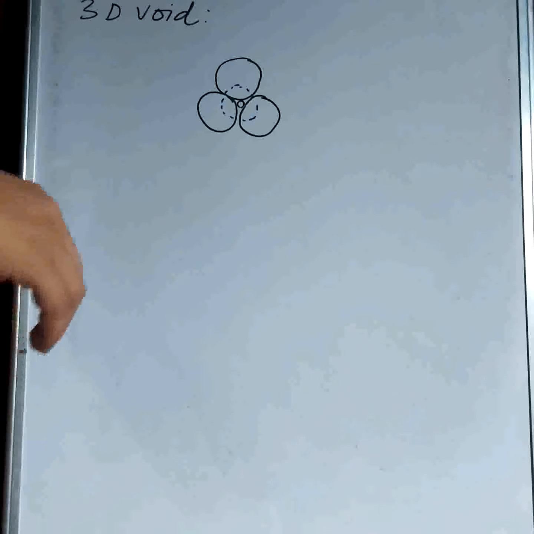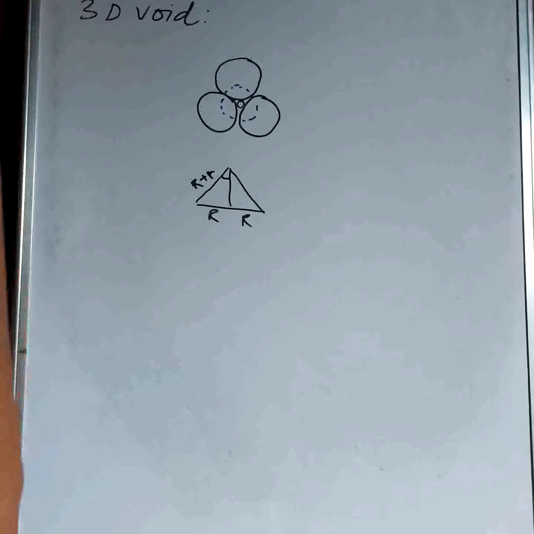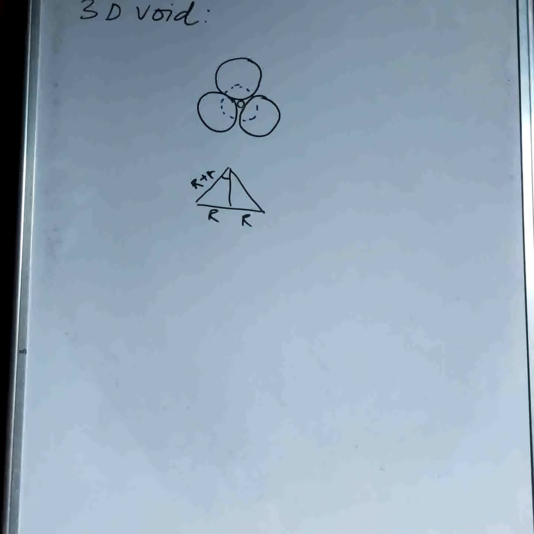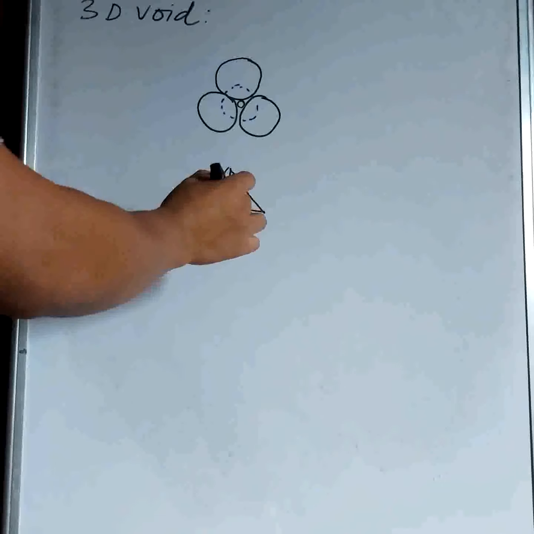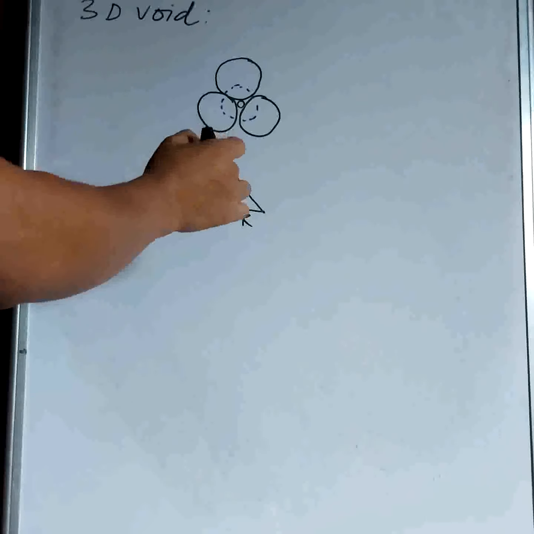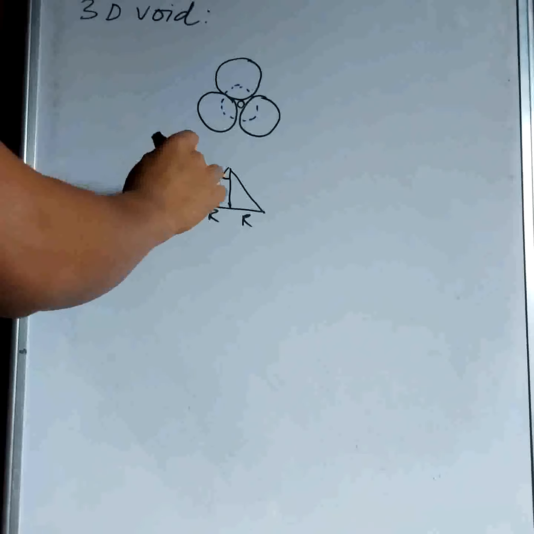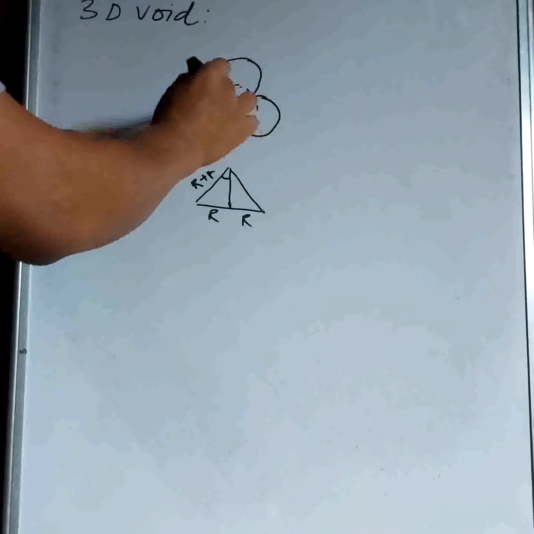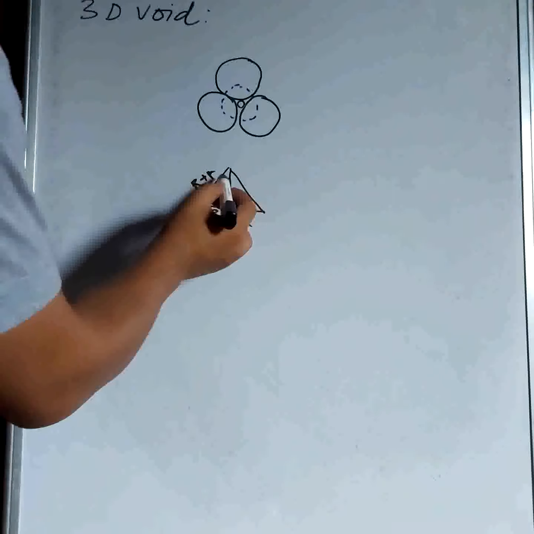So to calculate this, let's extrapolate again. If we extrapolate the structure, if we draw the triangle inside, we'll get something like this: R plus r. That means if we take the radius of the bigger atom to be capital R and the cation to be the small r, then we'll get something like this.